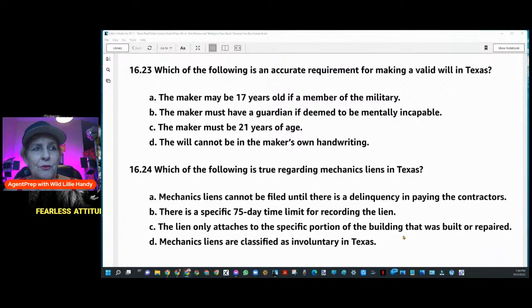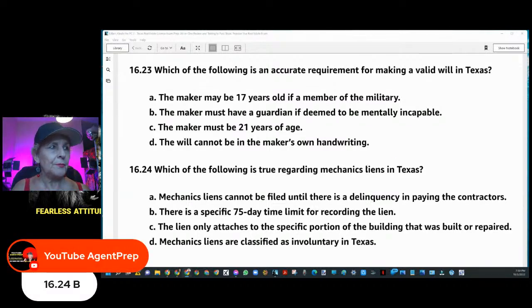And it doesn't attach to only a portion of the building that was being repaired. And then mechanics liens are classified involuntary. No, that owner wanted repairs done. So he volunteered to pay. So if they don't pay, there's a lien attached to it that the contractor can put.